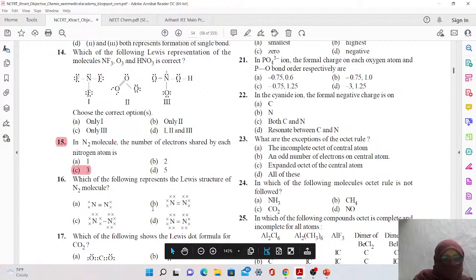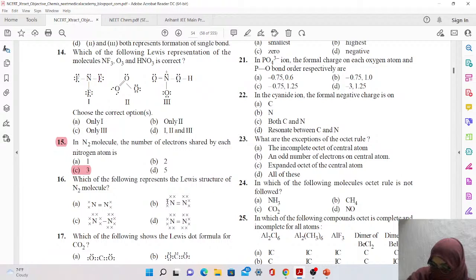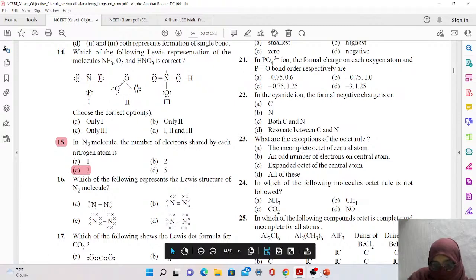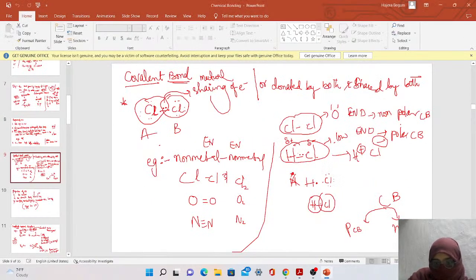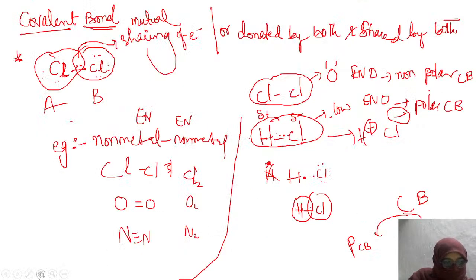Now nitrogen A and B are forming 3 bonds, which is right. But let's just check. Do you know how many lone pairs nitrogen has in the outer shell when it is forming 3 bonds? The atomic number of nitrogen is 7. 7 means the first shell contains 2, the second shell contains 5. That means nitrogen has only 5 electrons in the outermost shell, right?